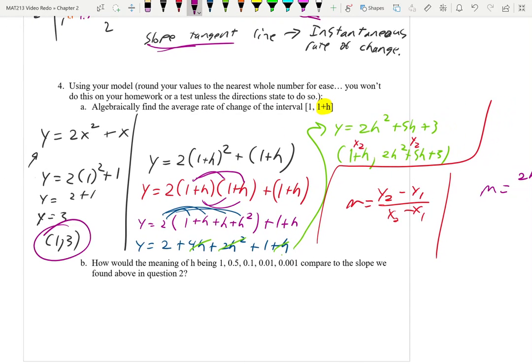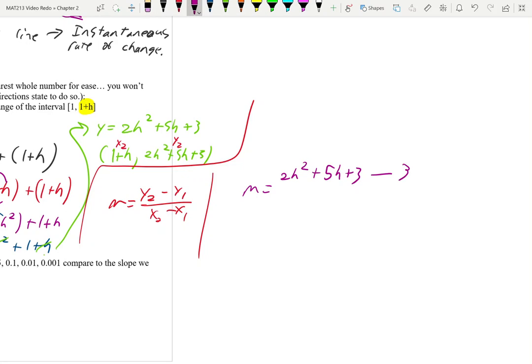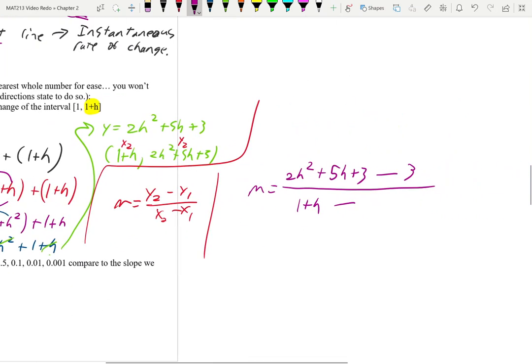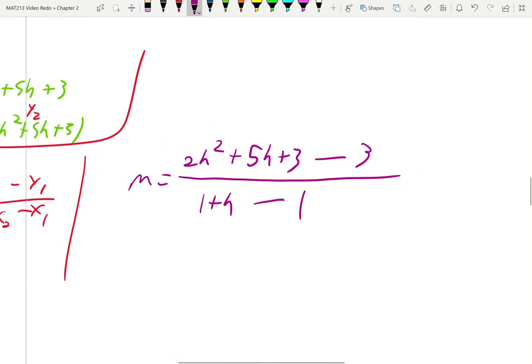Well, my other point was much more simple. It was 1, 3, so the y value was 3, over. Now for the other one, the x2 would be 1 plus h, minus, for my x1, my value was just 1. There we are.